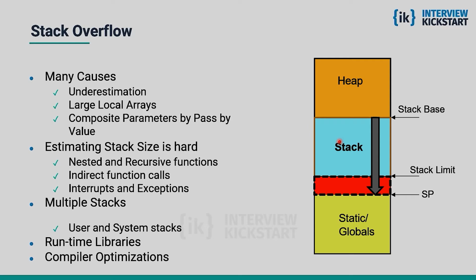Then there could be indirect function calls, interrupts and exceptions. Interrupts and exceptions are not in our control, and not predictable by the function's logic. Therefore, one has to budget for every single function being interrupted by an interrupt or an exception, thereby one needs to add the local variable usage of the interrupt service routine to the stack estimations.